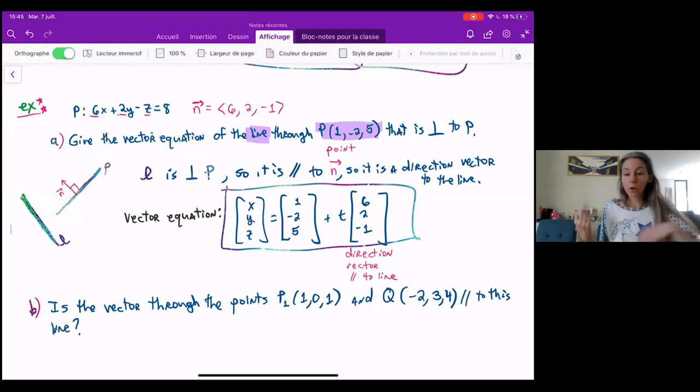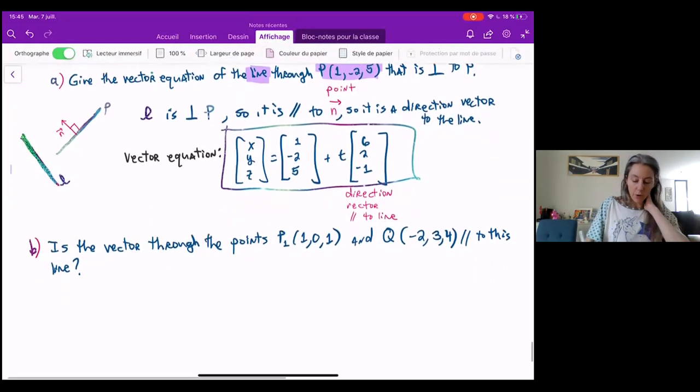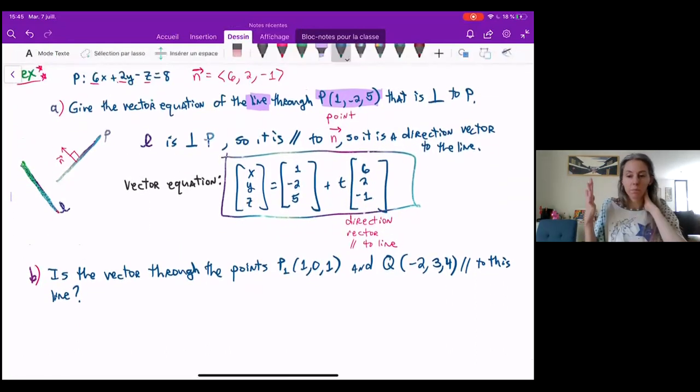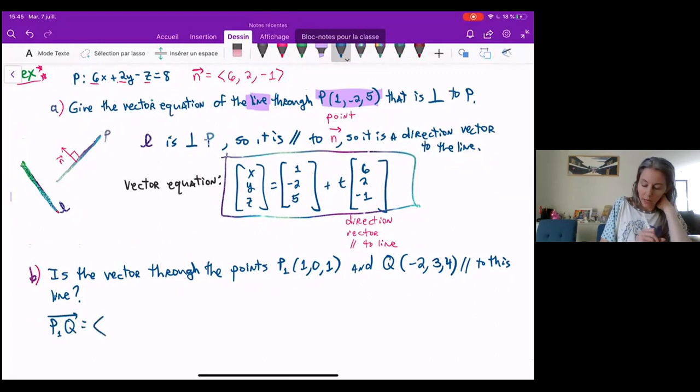Okay, so in order to answer this question, first we need to find the vector through the 2 points. How do we find a vector through the 2 points? Terminal point minus initial point. So the vector through the 2 points, that's going to be P1Q with a little vector sign above it, is Q minus P. So that's -2 minus 1, 3 minus 0, 4 minus 1.